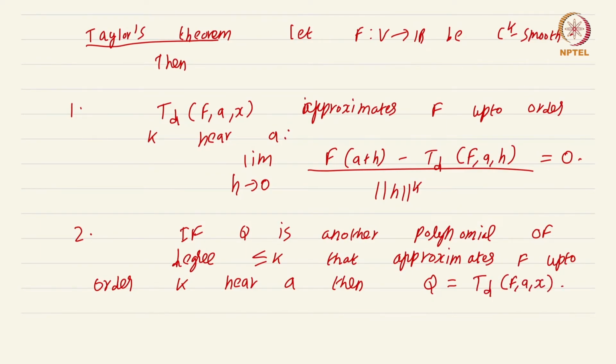So the Taylor polynomial is the unique polynomial that approximates f up to order k near the point a. Of course, what is crucial is the polynomial of degree less than or equal to k.